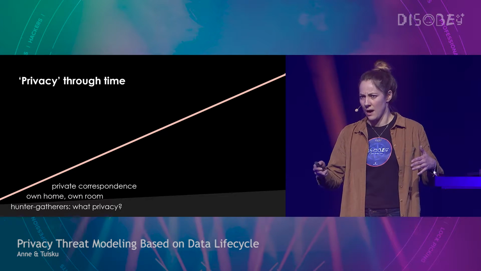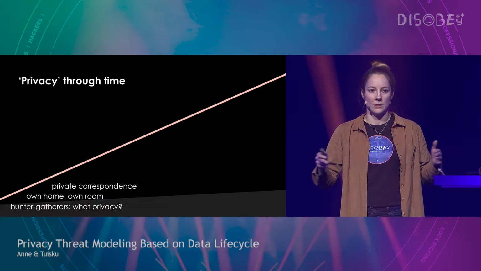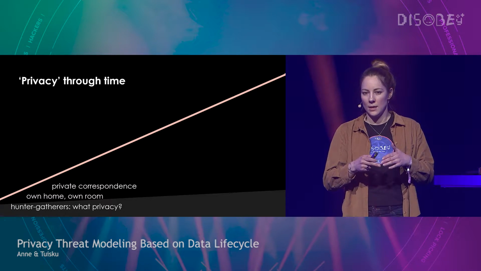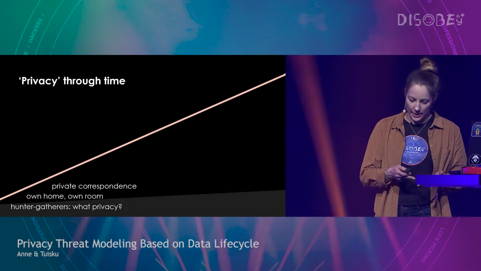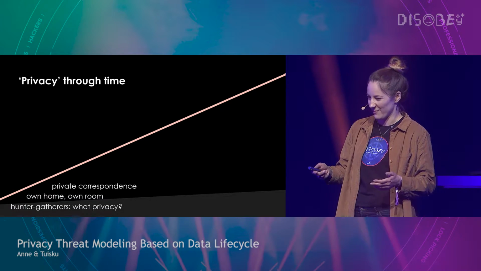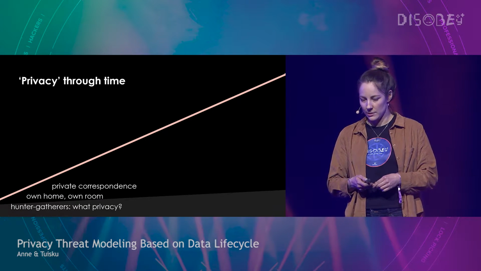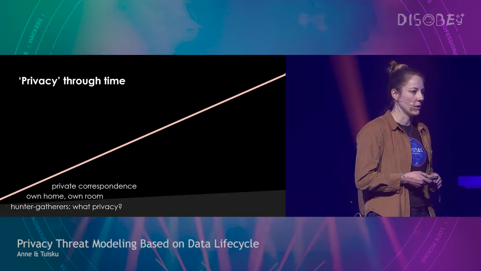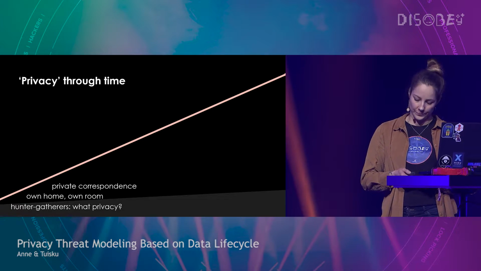People started living in houses that created some kind of a boundary. You would have your own room. That would mean this is my private space. And then you'd have postal service. People started thinking, wait, somebody else shouldn't read my letters. So the idea of private correspondence came up.